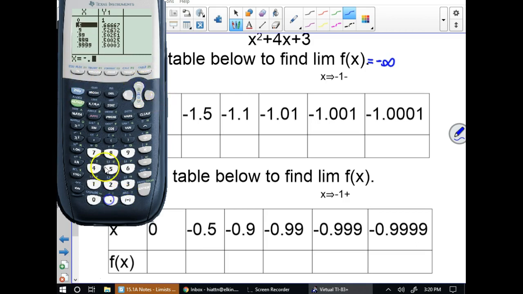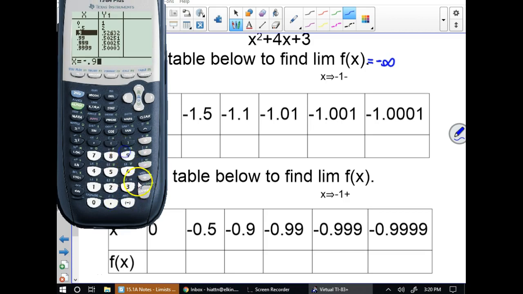Let's do -0.5, -0.9, -0.99, -0.999. And so we see sort of the same thing happening, except all these numbers are positive. So as x approaches -1 from the right, f of x approaches positive infinity.